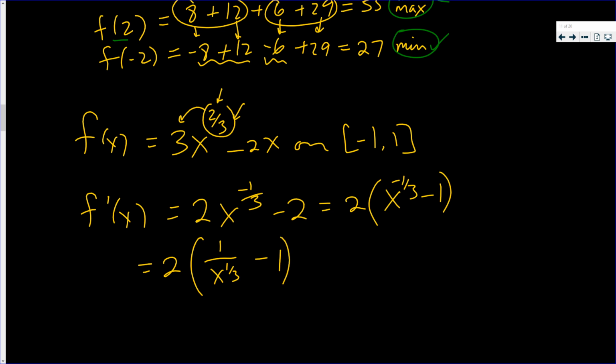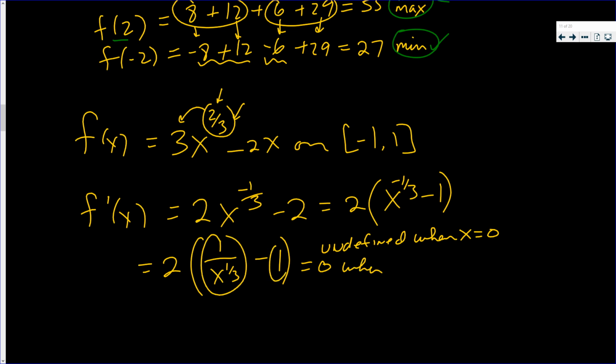Now, this is undefined when x equals 0. Okay? And it equals 0 when this equals that. When 1 over x to the 3rd equals 1.